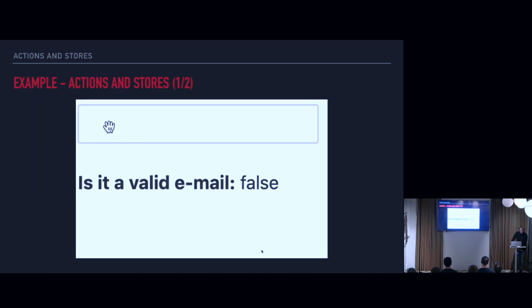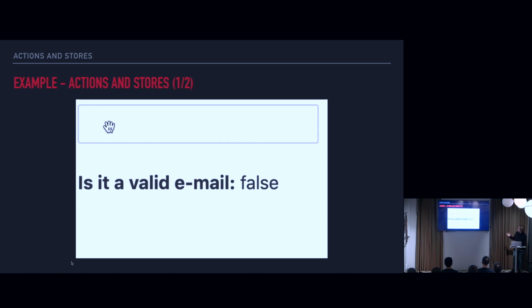Right. So we've talked about actions and we've talked about stores. What if you could combine them and actually use them together? So this example is a bit more advanced, but we can at least look at it.